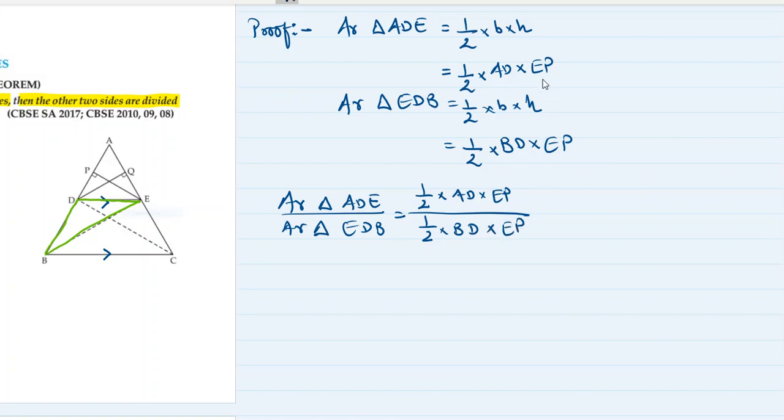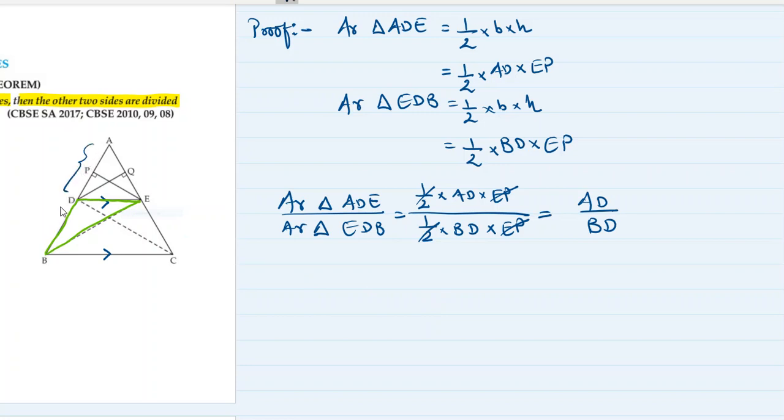The areas which we got, we wrote them in the form of a ratio, and now this half is going to get cut, this EP is going to get cut, and we will be left with AD upon BD. Okay, so we have got one ratio, AD upon BD.